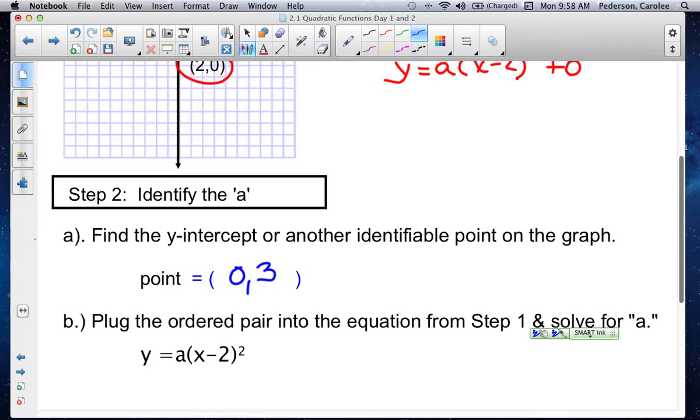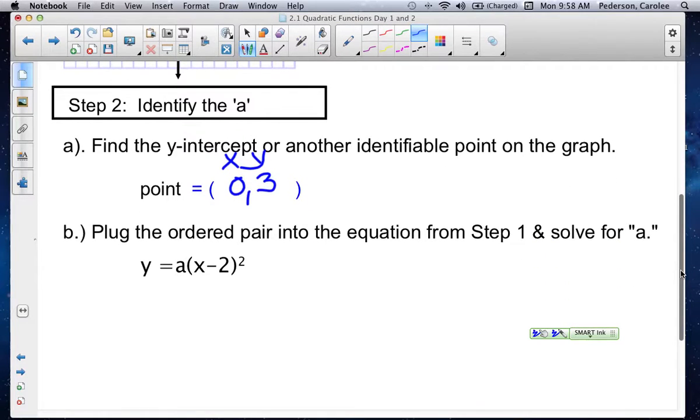This represents the x and the y in the equation, and now we're going to substitute it in. So this goes in for x, this goes in for y, and what happened to that 0? Do I really need that plus 0 there? No. The k is 0, so you don't need to have that 0. That's why I dropped it.